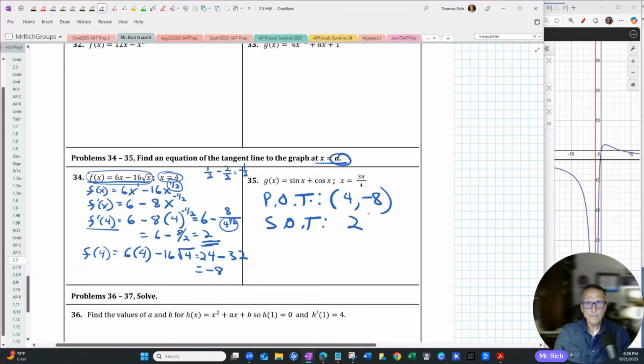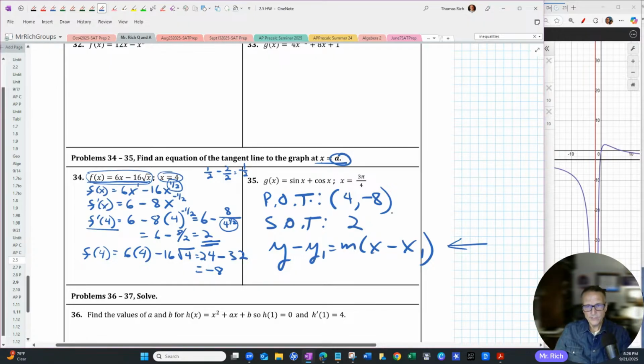That's all that I need to make the equation of the tangent line, because I'm going to use what we call the point slope form for an equation. It's y minus y1 is equal to m times x minus x1. So anytime that you're told to come up with an equation of a line, we're going to be using the point slope form for a linear function, because the x1, y1 is any point that's on the line.